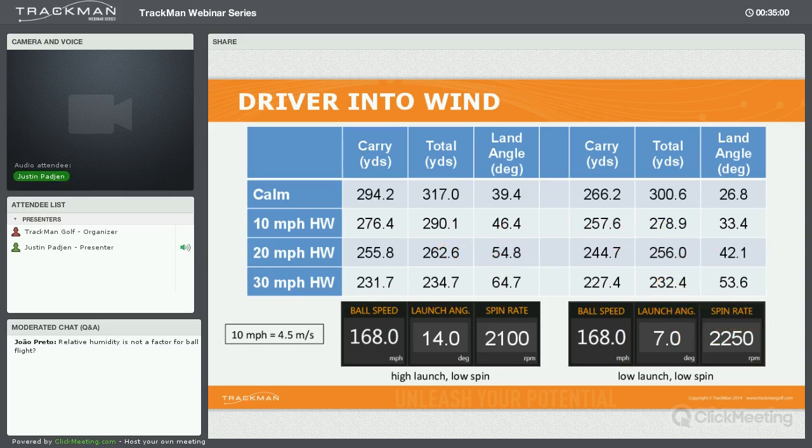But one thing to consider here is that the longer the ball is in the air, the more the wind can affect it as far as offline. So if you've got a ball that starts curving offline into a headwind, then it's going to push it even more offline because it's in the air longer. Now, if you're always hitting it dead straight, dead down the center of the fairway, then I would say just keep hitting your normal high launch, low spin.